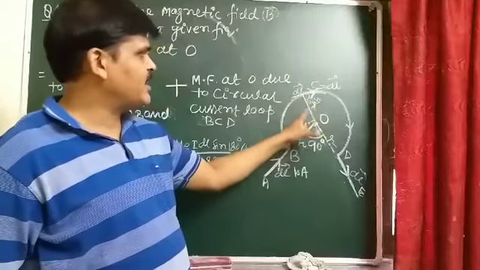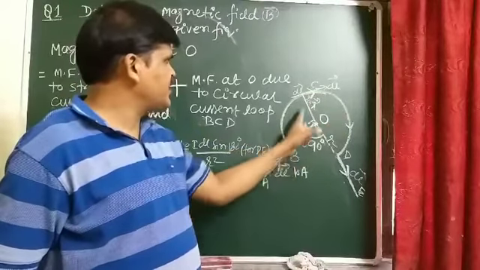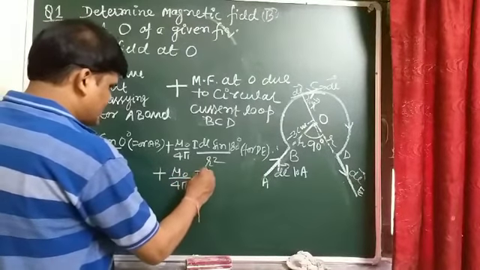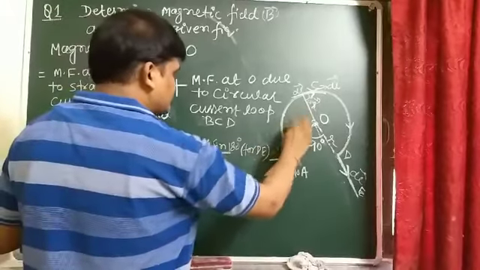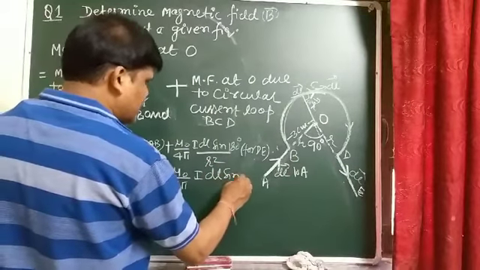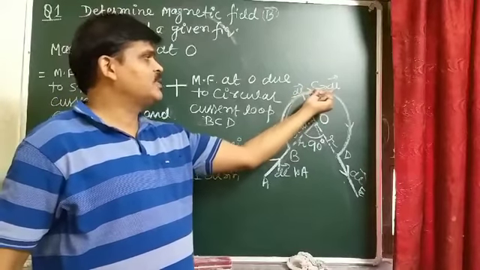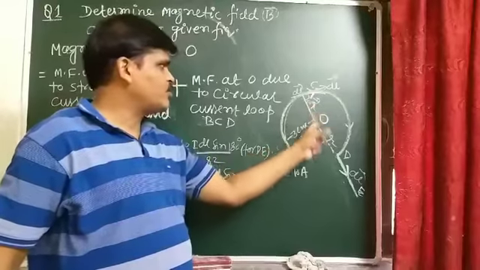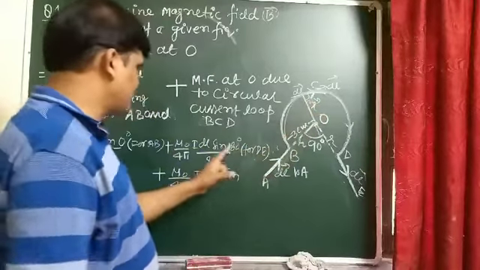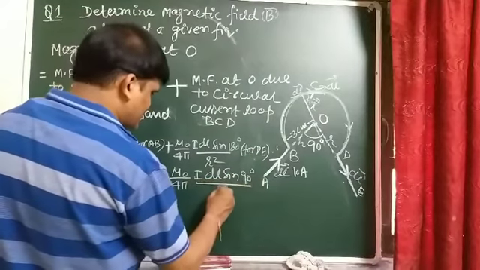So again writing the magnetic field at O due to the current element in the form of arc BCD, it can be written as mu naught by 4 pi I dl, where dl is the arc BCD, and the angle between the tangent to the current element, which gives the direction of the current element, and the position vector is 90 degree, and this will be r square.